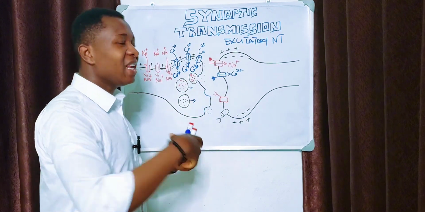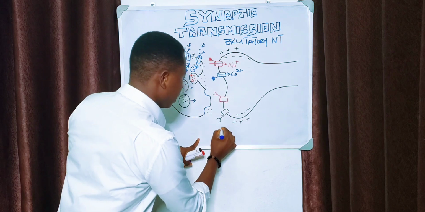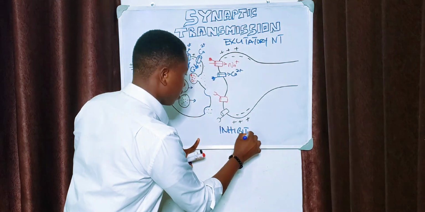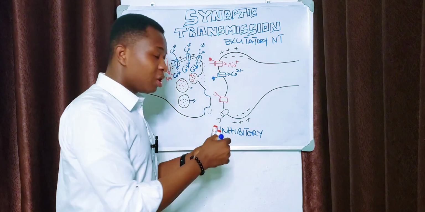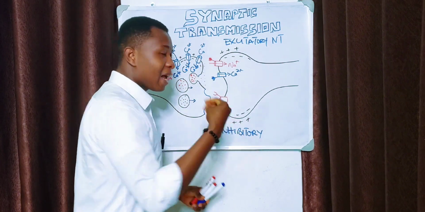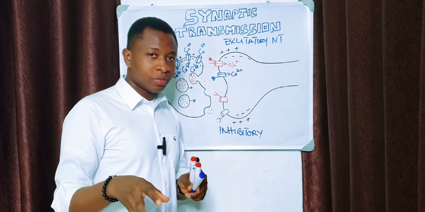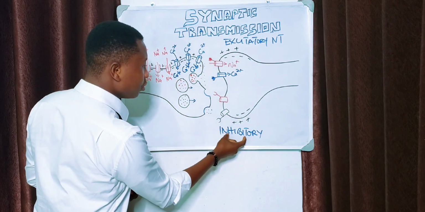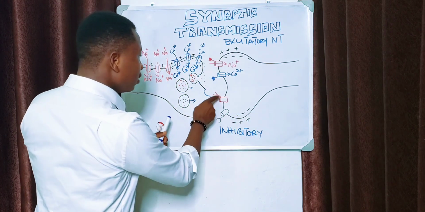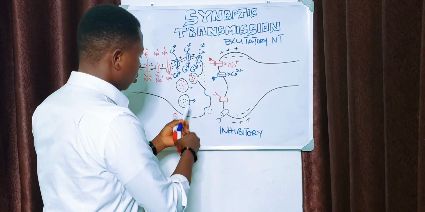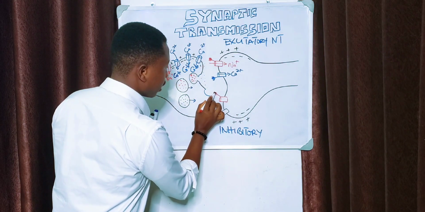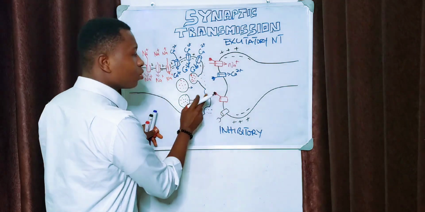Now, we also have the inhibitory neurotransmitter. Let me write that here. What do these do? They prevent an action potential from occurring. This inhibitory neurotransmitter binds to the receptors here, and something happens.